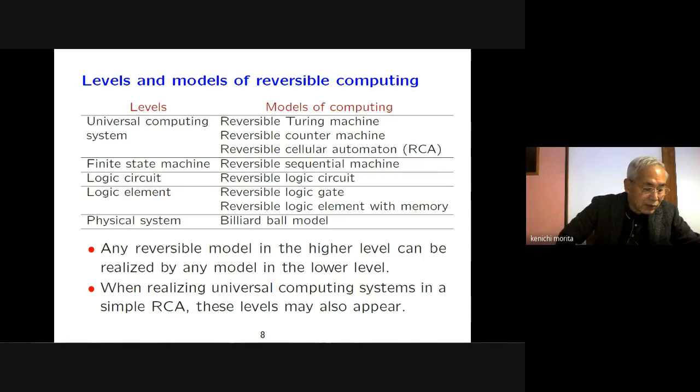It is known that any reversible model in the higher level can be realized in the lower level. A reversible cellular automaton itself is in the highest level. But these levels also appear inside the reversible cellular automaton when realizing universal computing systems in it.